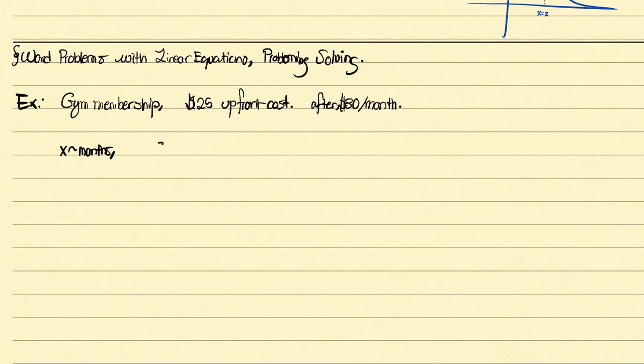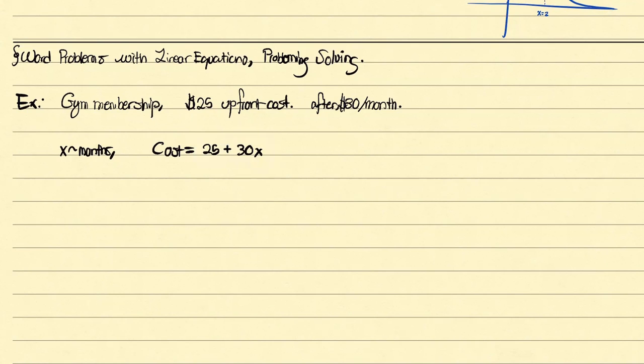And I can say your total cost, C, will be that $25 upfront cost plus $30 times X, as many months as you want to buy. Notice I don't have to attach the X to 25 because you don't have to pay the $25 every month. You just have to pay it once.